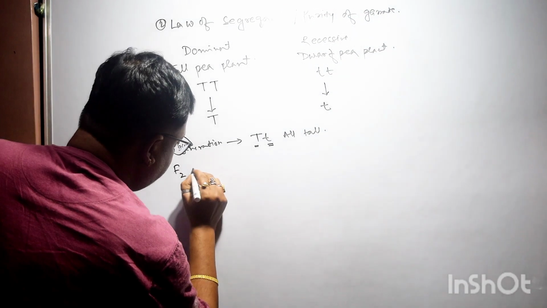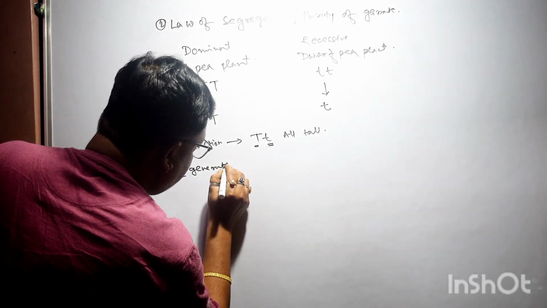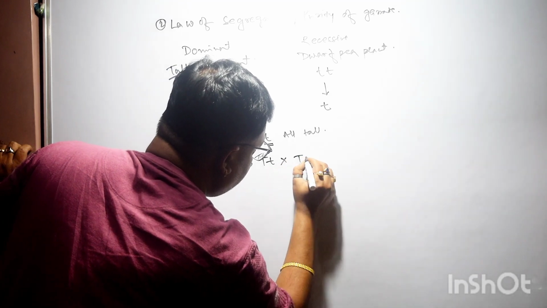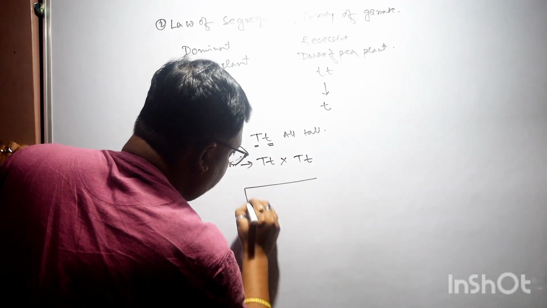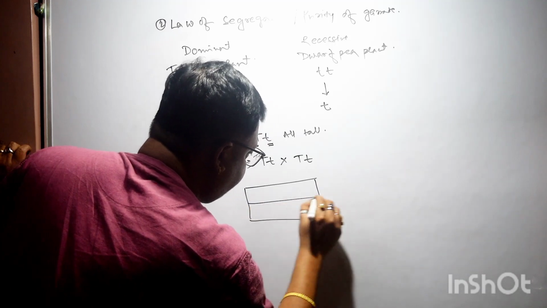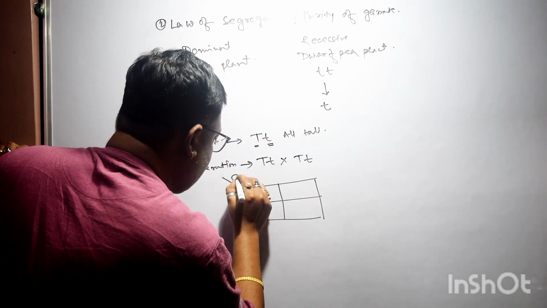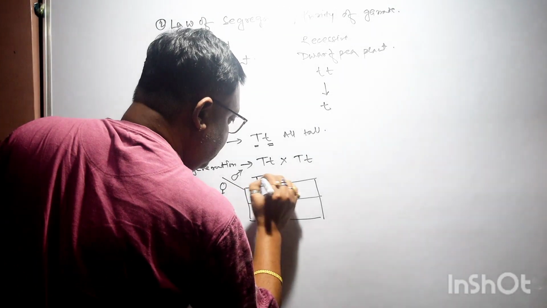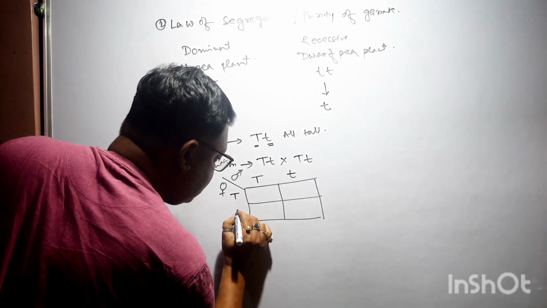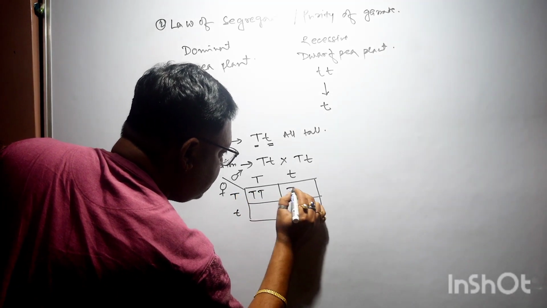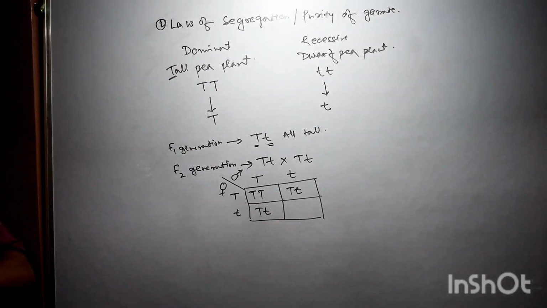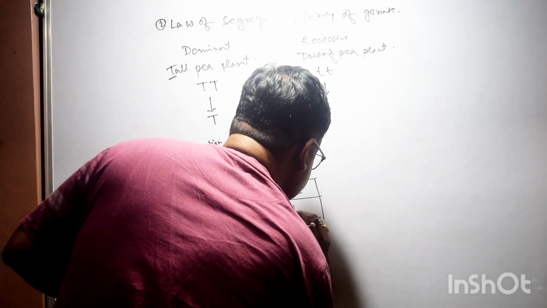In case of F2 generation, it is capital T small t into capital T small t. If we do Punnett square, capital T small t, capital T small t, this one will be capital T, this one will be capital T small t, this one will be capital T small t, and this one will be small t.